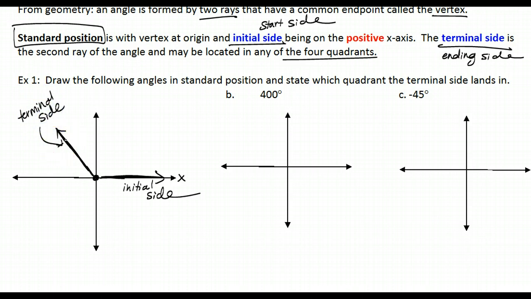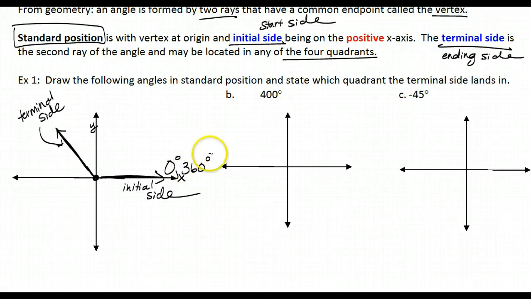Here's a few things that are new to you. First of all, in my XY coordinate plane, we're going to give this rotational direction. And so here's what I mean. The initial side starts at 0 degrees. You know that one full revolution is a 360-degree turnabout, right? So if you do a 360, it means you did one revolution.